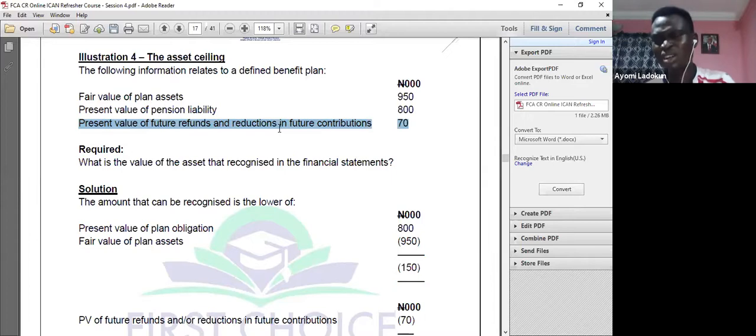It's just what we call the prudence concept. On paper, if my plan asset is higher than my pension liability, it may not really be the case in reality. So I need to consider how much refunds I am entitled to, and of course the reduction in future contribution, probably because of containment and all of that.